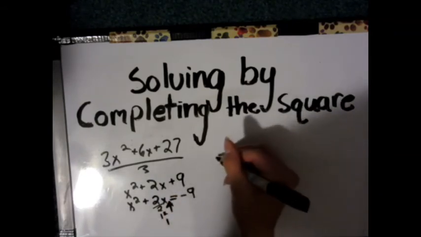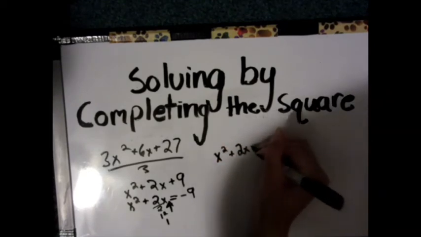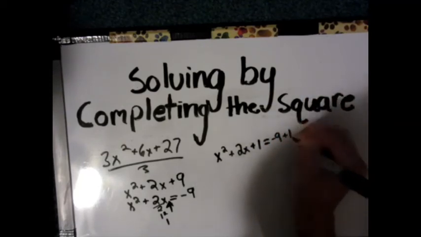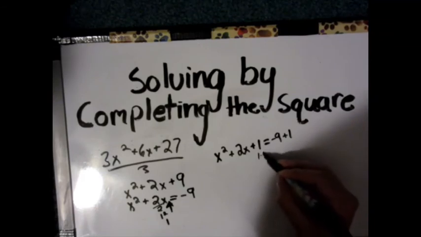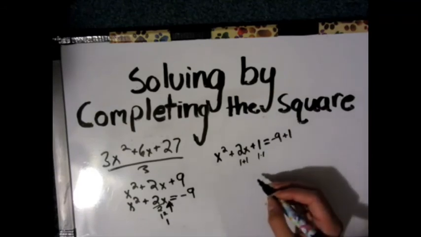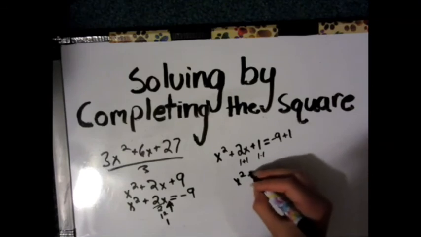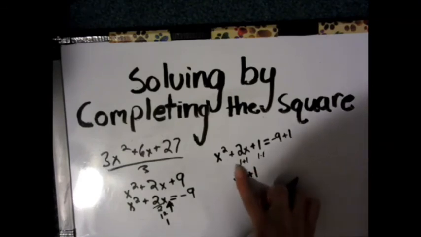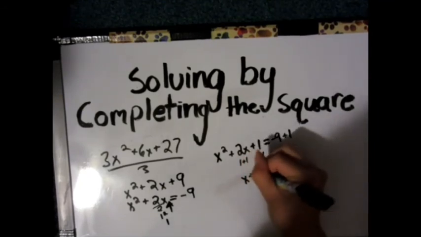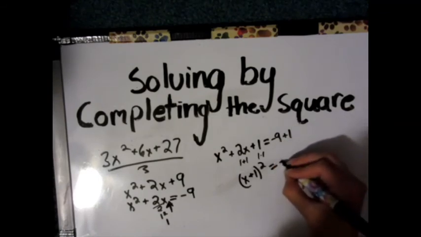So x squared plus 2x plus 1 equals negative 9 plus 1. Now, 1 times 1 is 1, and 1 plus 1 is 2. So, not x squared, but x plus 1 squared equals, add these, negative 8.